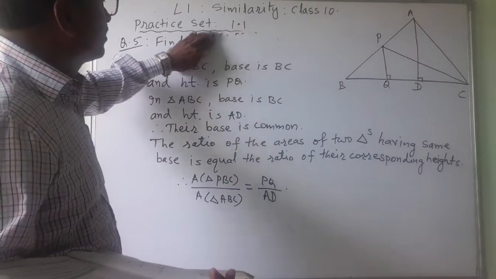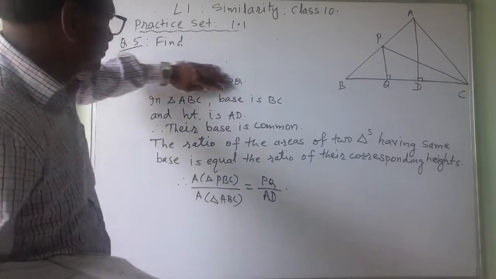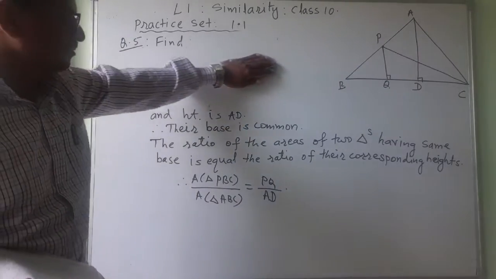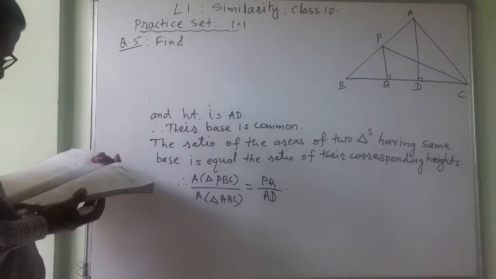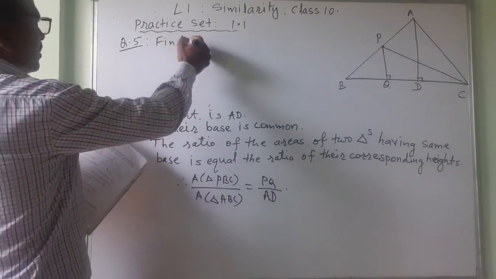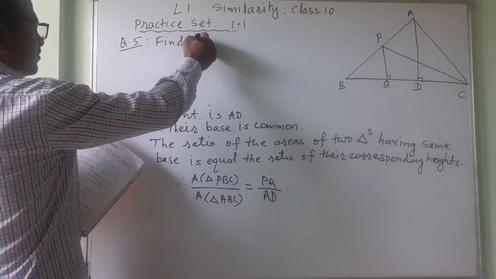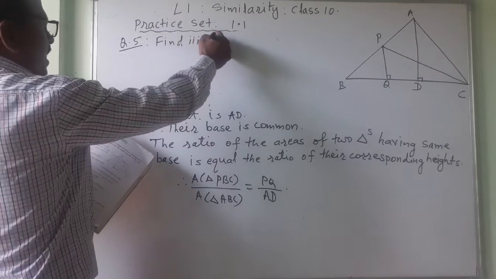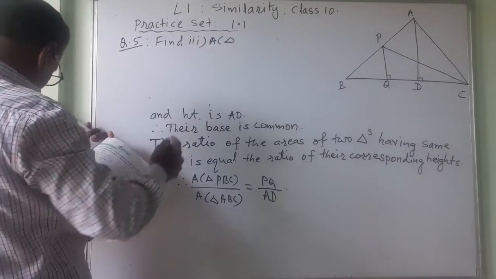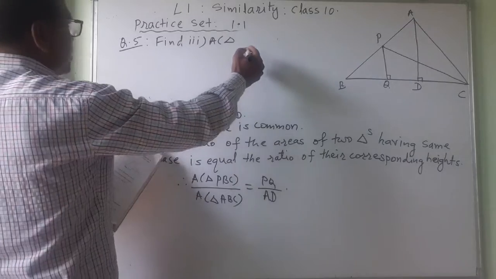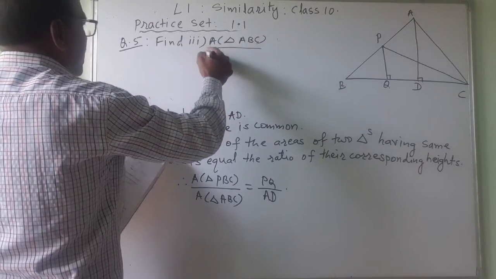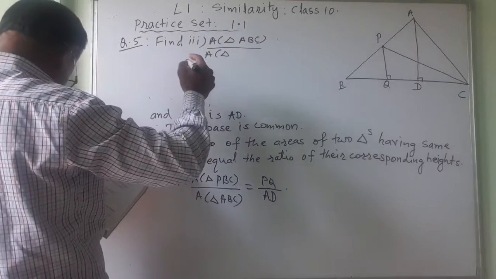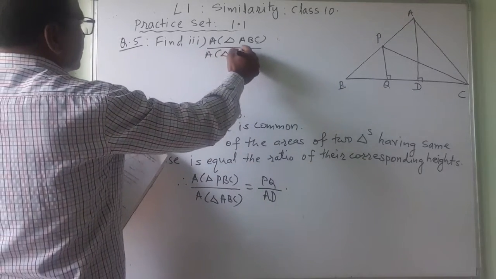Now the third one: area of triangle ABC upon area of triangle ADC.